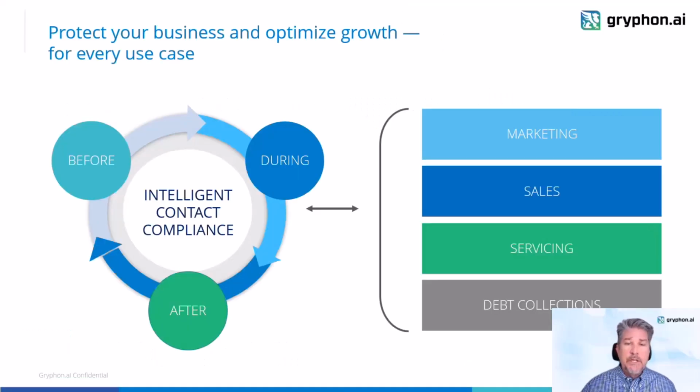But before we get too deep into the presentation, let's take a look at the definition for intelligent contact compliance. Any company that does outbound marketing and sales campaigns or does any customer service inbound via voice, mobile, SMS, text, email, any channel for that matter, is required to follow federal and state regulations required for do not contact.